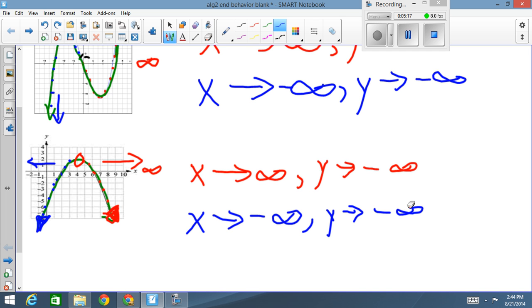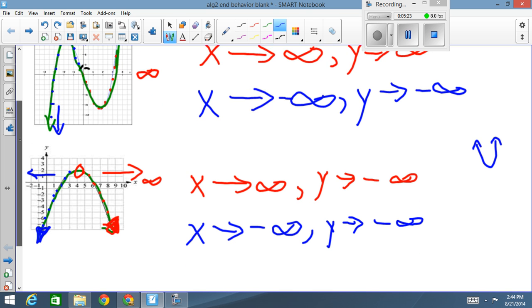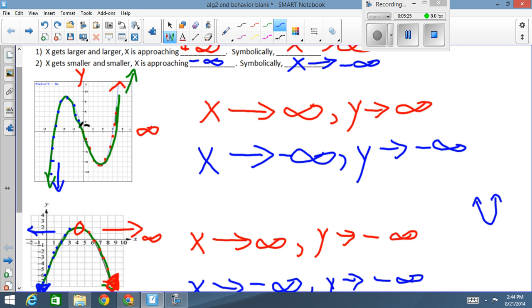If you just had a smiley face function, both ends would be approaching positive infinity. In our first example, one was going up, one was going down. So as x approached positive infinity, the y values were going up. As x approached negative infinity, the y values were going down.